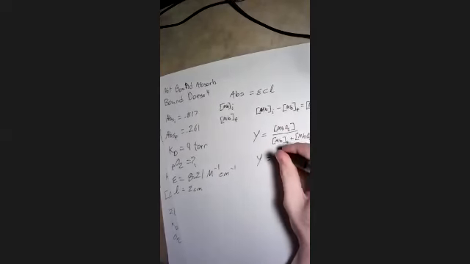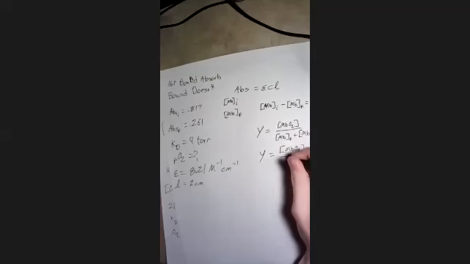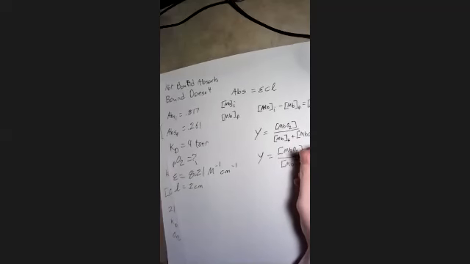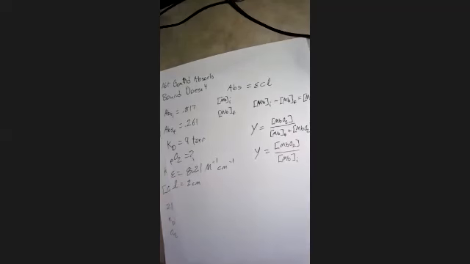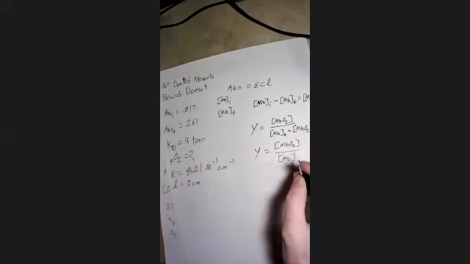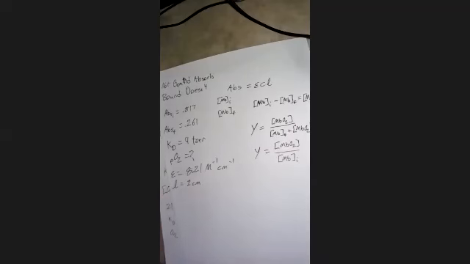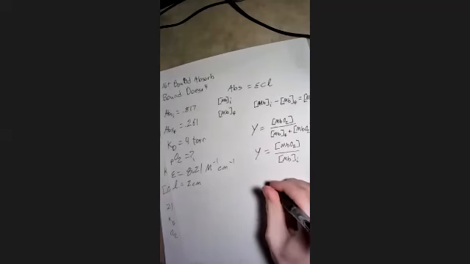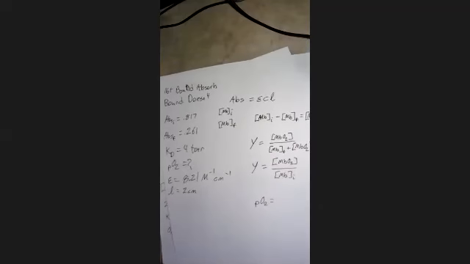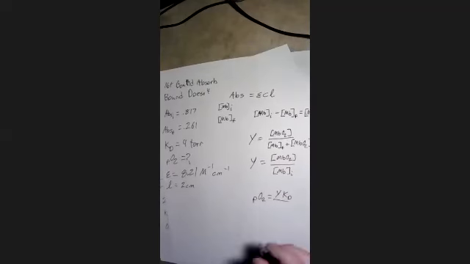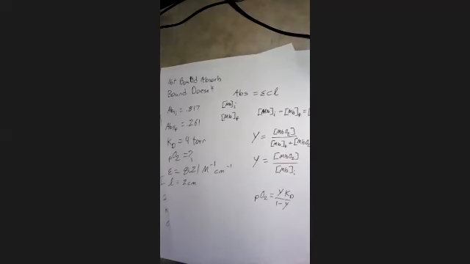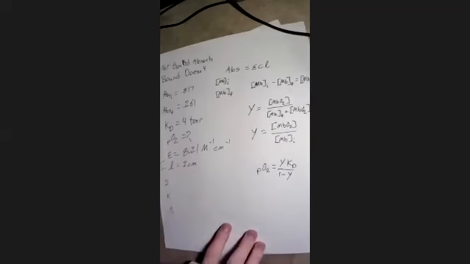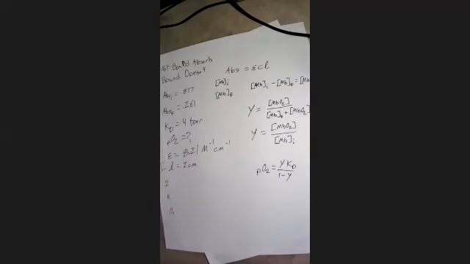So y is equal to the bound over the initial. Okay, and from there you can do the pressure of O2 is the fraction times the KD over 1 minus the fraction. So from there you can just plug and chug, right?